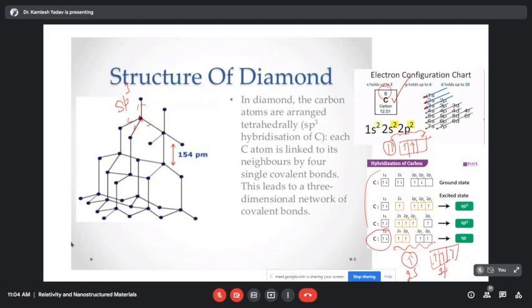By combining these orbitals, there will be sp3 hybridization, and a covalent bond forms between the carbon atoms. This is a three-dimensional network of tetrahedrally connected, sp3 hybridized carbon atoms in diamond. The distance between two carbon atoms is 154 picometer, or 0.154 nanometer.